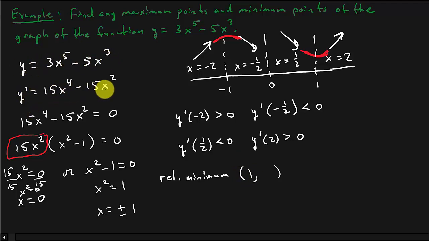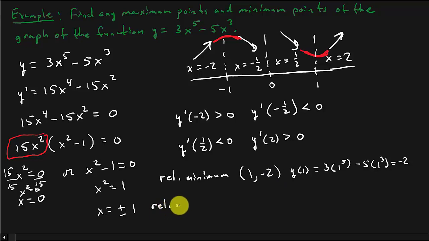Students all the time plug it back into the derivative. You don't do that. You're looking for x, y. Where is y? y is right here. So that's where you plug it in. So let's just show it. That's 3 times 1 to the 5th minus 5 times 1 cubed, which is -2. So I have a relative minimum at (1, -2).